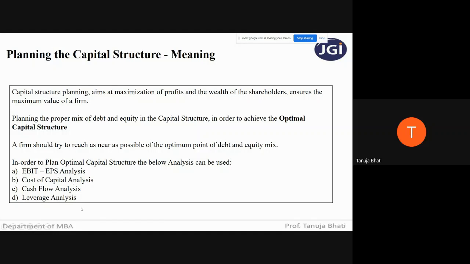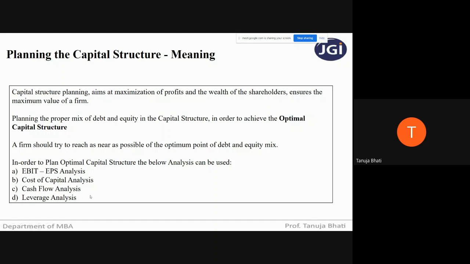These are nothing but tools which are going to help the company to plan its capital structure in such a way that it increases the value of the firm and it is the best capital structure.